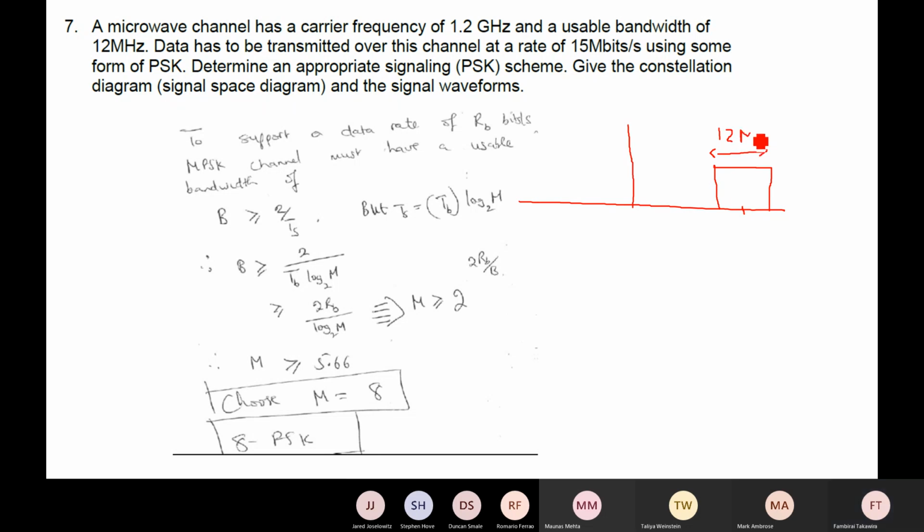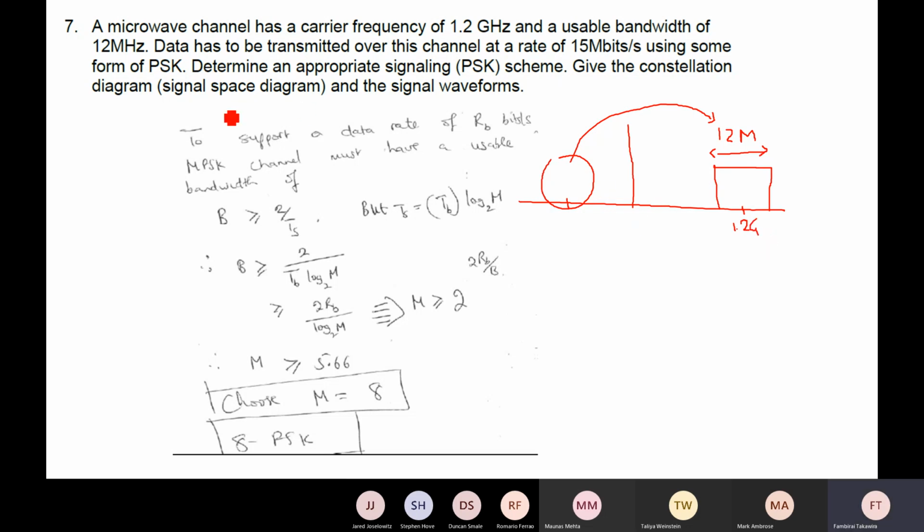And obviously, the left-hand side or the negative frequency components would be exactly the same, obviously centered at minus 1.2 gig. So this here is 1.2 gigahertz.